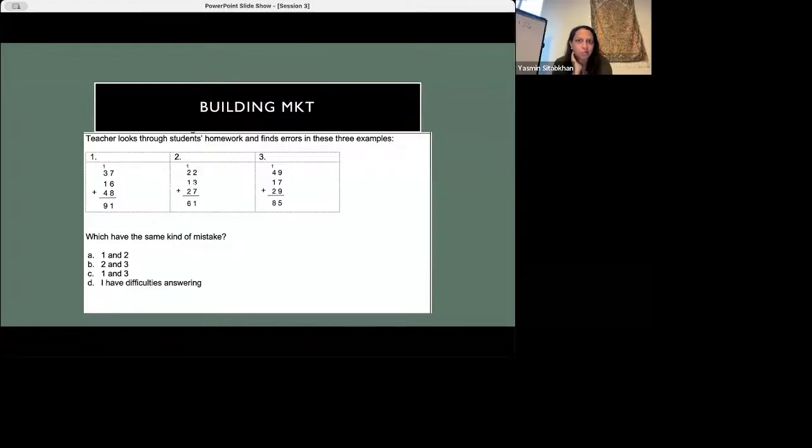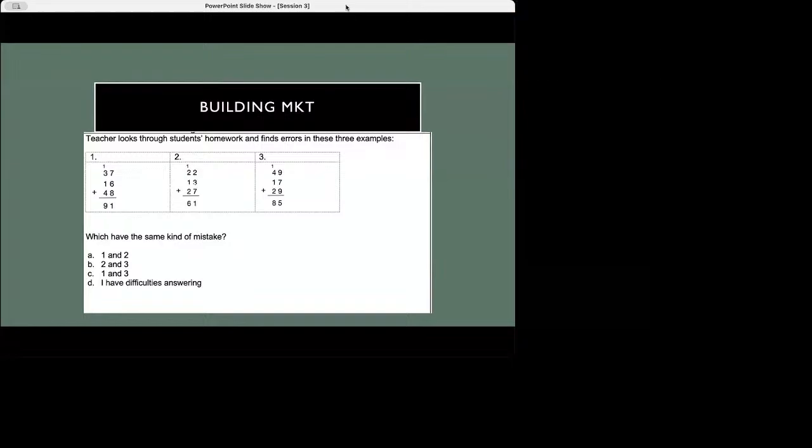Go ahead. Sorry, Gillian, come again. Number 2 is different from 1 and 3 because in 1 and 3, the addition of ones could be correct, which we don't know. But for 2, the addition of the ones column is wrong because we should be having a 2, not a 1. Then carry 1.